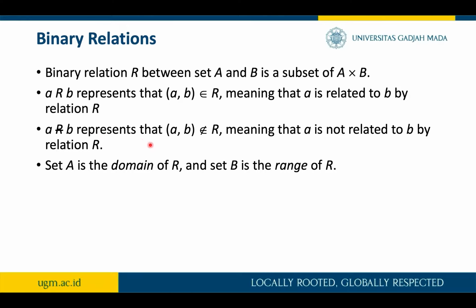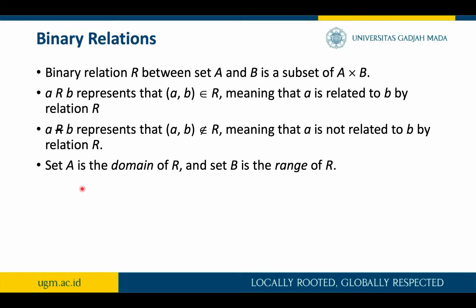With regard to this relation, then set A is referred to as the domain of R, and set B is the range of R. It is also possible for us to only work on one set.